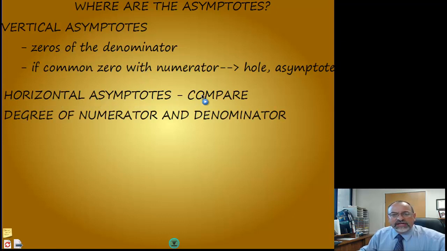Now, the horizontal asymptotes, if you remember, how do we figure out where that one is? We have three scenarios. We have to look at the degree of the numerator and the denominator, and we're going to compare those. Based upon the comparison, that will tell us where the asymptote is. If the degree of the numerator is less than the degree of the denominator, then your horizontal asymptote is at y equals 0.